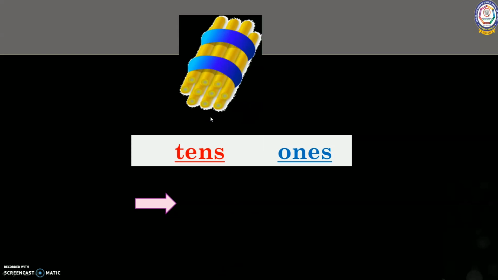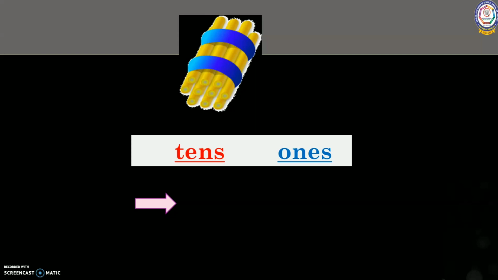Next sum. Children, do you know what this is? Yes, this is a sticks bundle. Shall we count how many sticks are there in this bundle? 1, 2, 3, 4, 5, 6, 7, 8, 9, 10. There are 10 sticks. 10 sticks is equal to 10.